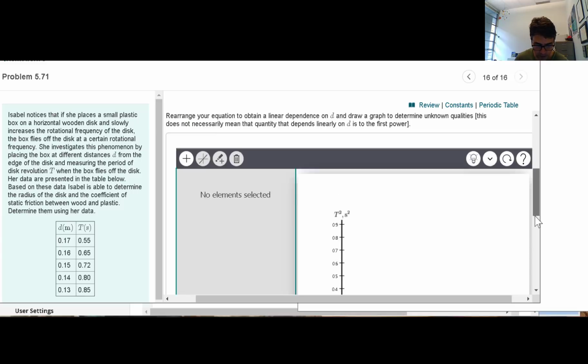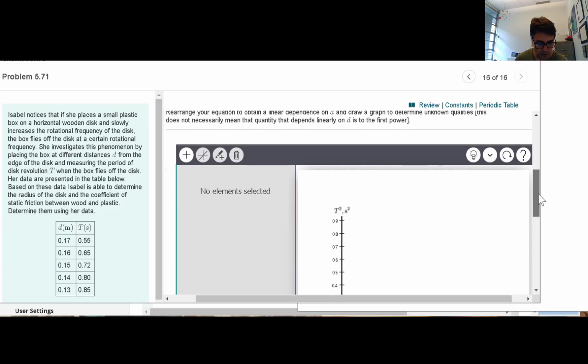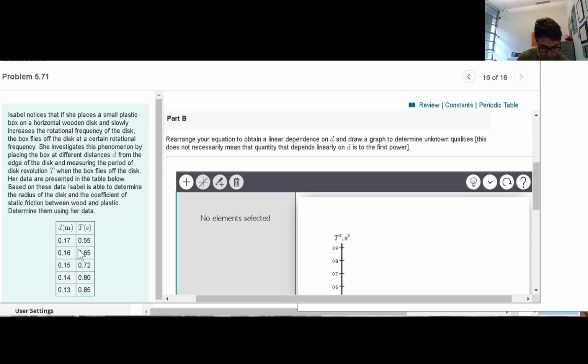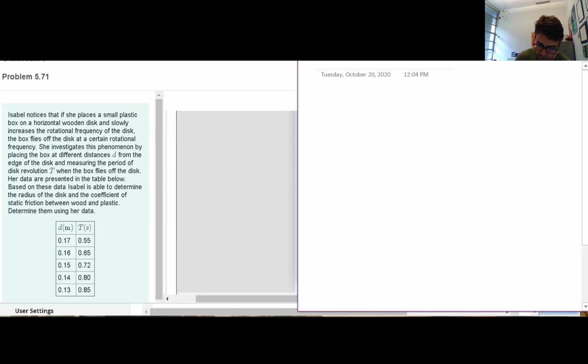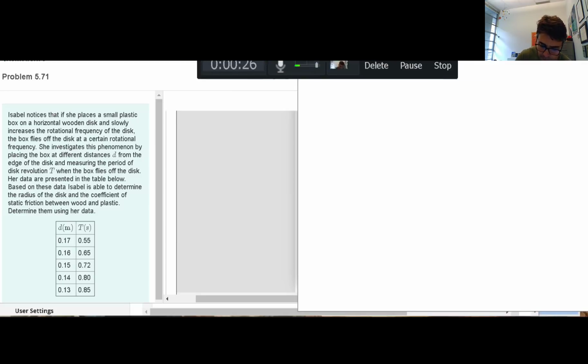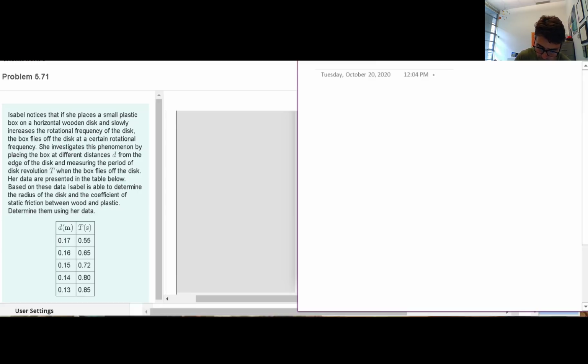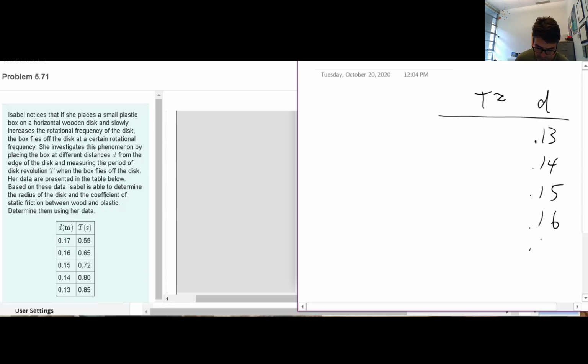But in fact, in this part B, all they're asking you to do is to add the points of the graph. So we're graphing t squared versus d, so let's make a little table of t squared versus d. And d is going to increase, so I'm going to draw 0.13, 0.14, 0.15, 0.16, and 0.17.